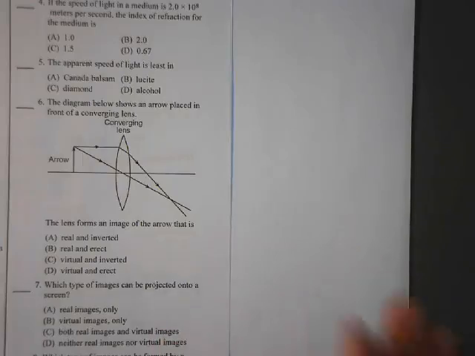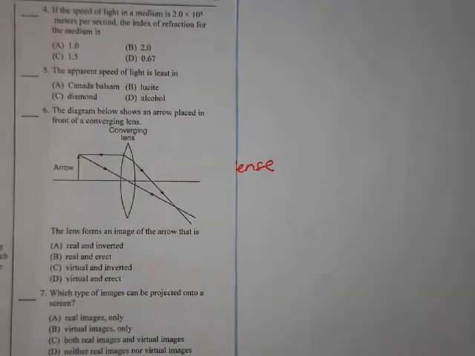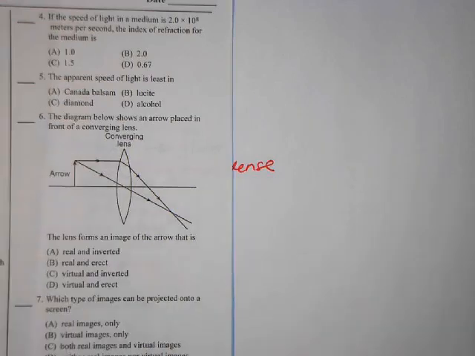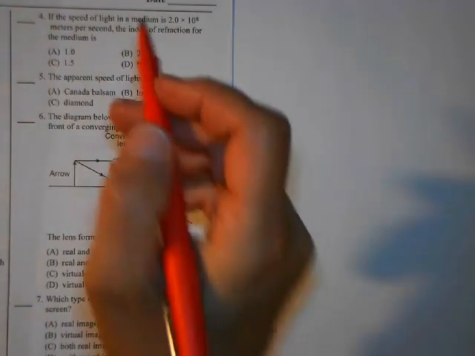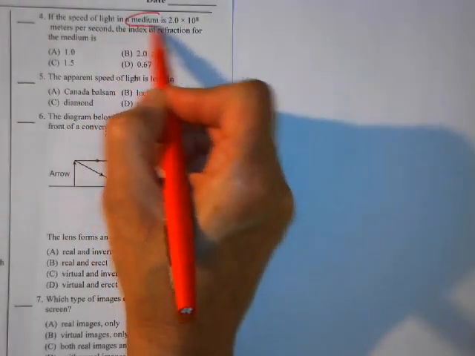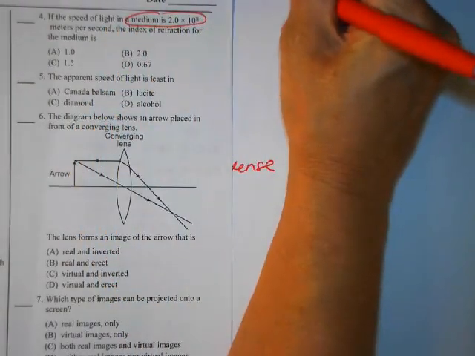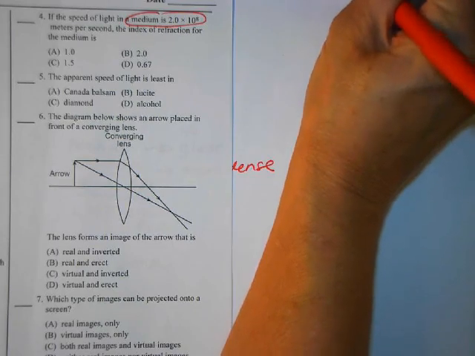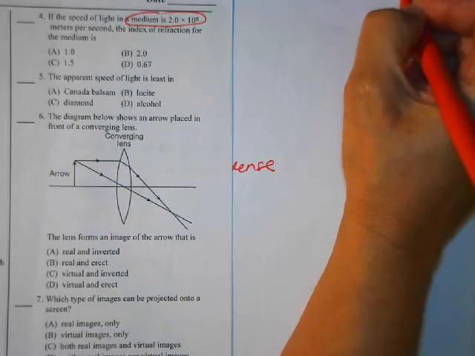All right, let's look at number 4. It says the speed of light in a medium is 2.0 times 10 to the 8 meters per second. The index of refraction is, so the speed of light in the medium, that's v sub s, and now we want to find the index of refraction, n.